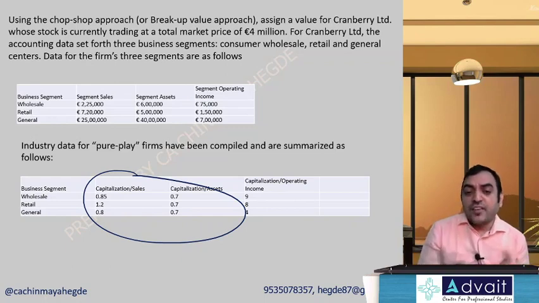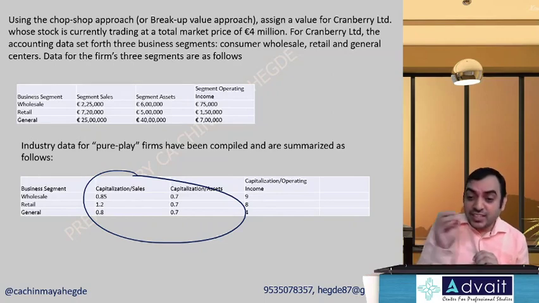Chop shop means dividing, breakup value. I told you, dividing the company into different sectors, valuing the sectors separately, then valuing the company as a whole. I gave you the example of Reliance and ITC, because a company will have different sectors. Each sector or segment is valued separately, then we total it up.